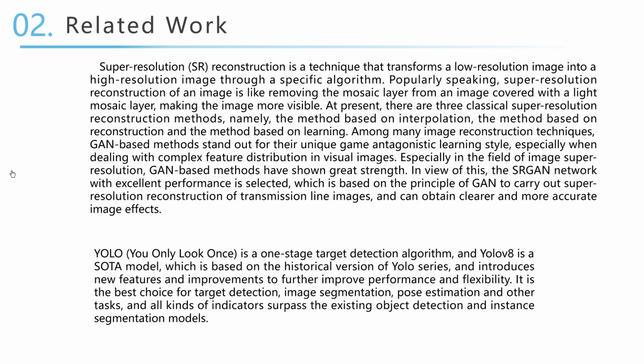Popularly speaking, super-resolution reconstruction of an image is like removing a light mosaic layer from an image covered with a mosaic layer, making the image more visible. At present, there are three classical super-resolution reconstruction methods, namely the method based on interpolation, the method based on reconstruction, and the method based on learning.